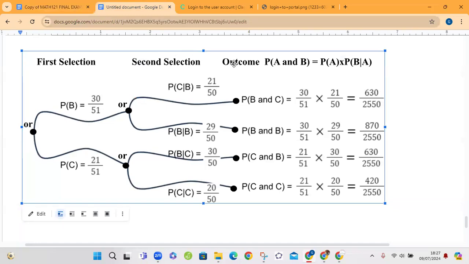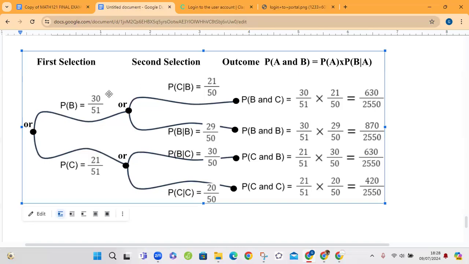And then you've got the third section, which represents the outcome, and the outcomes make use of the formula for calculation of intersection, which is the conditional formula rearranged. As you can see here, you just multiply across along the branches.